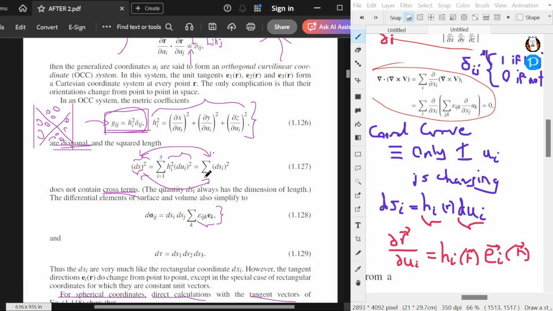Can you pull this guy outside of the square? Sum of dsi squared. A plus b plus c.